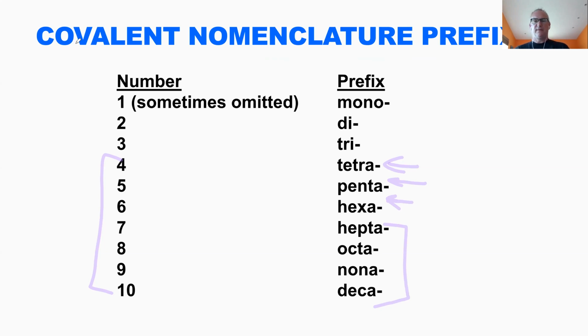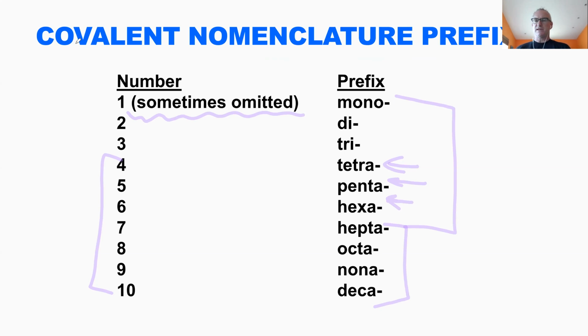Generally, it's the first 6 that we're going to use more. We use those pretty frequently for naming covalent compounds with those specific numbers of atoms in them.